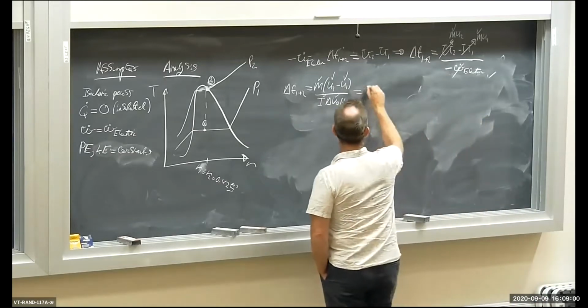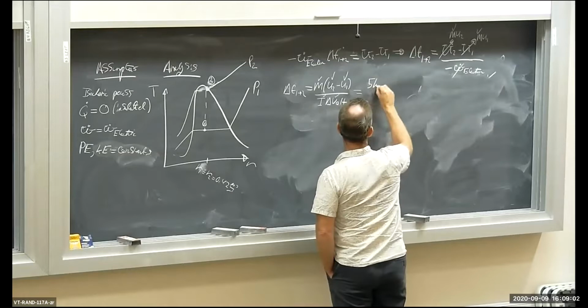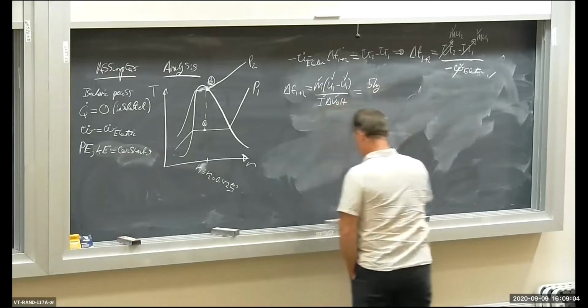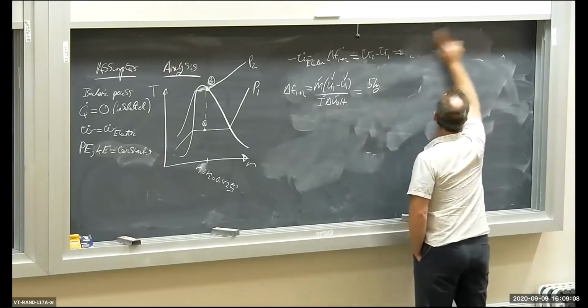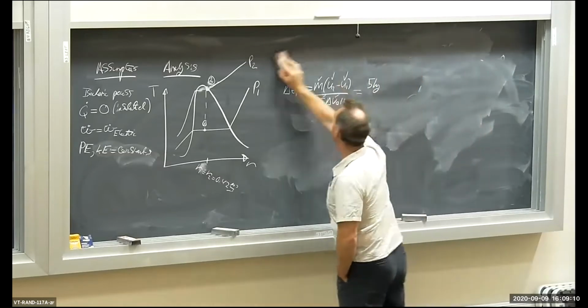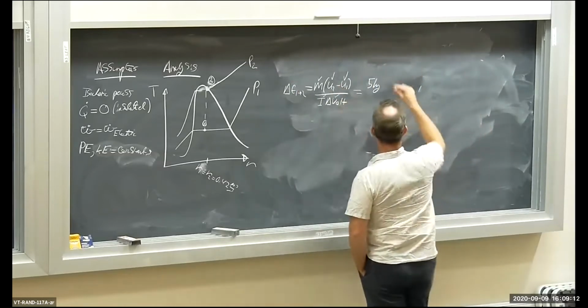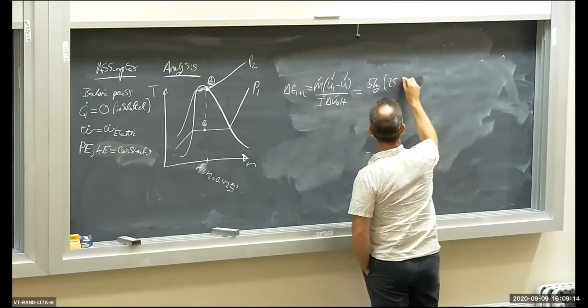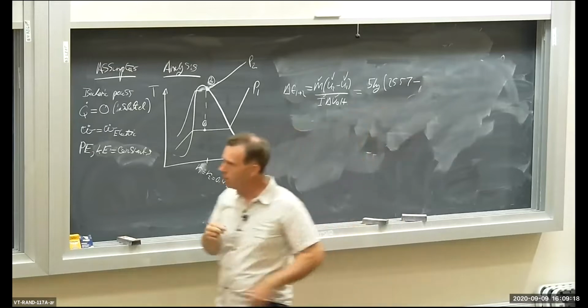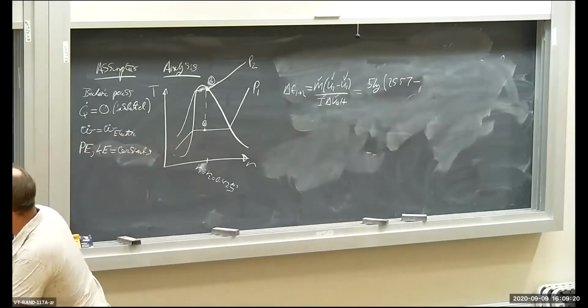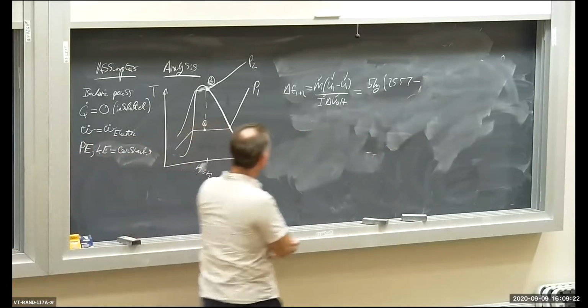We have 5 kilograms of the stuff. U2, 2,557. U1, 940.